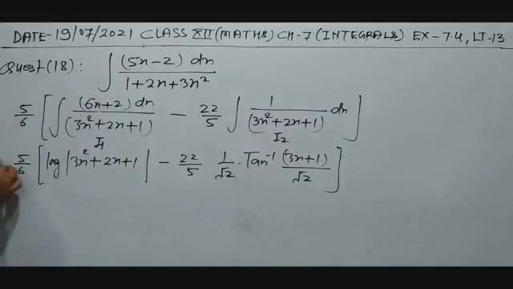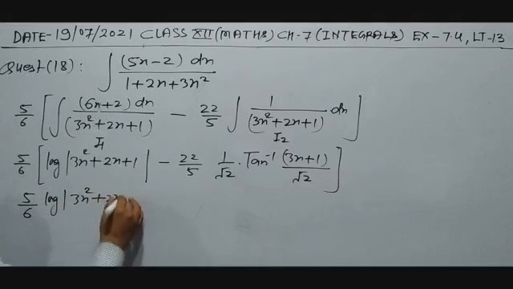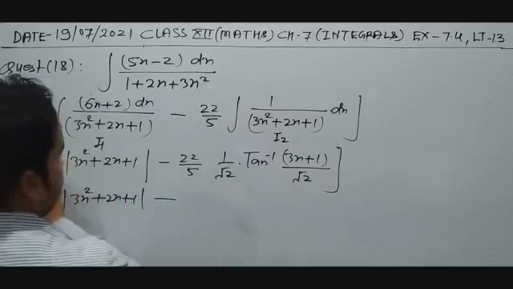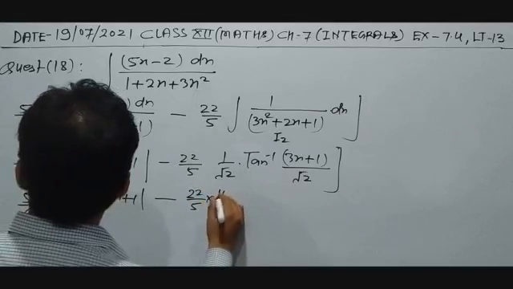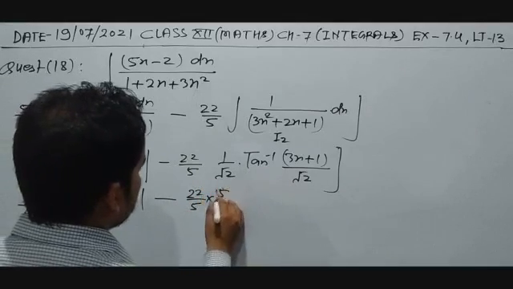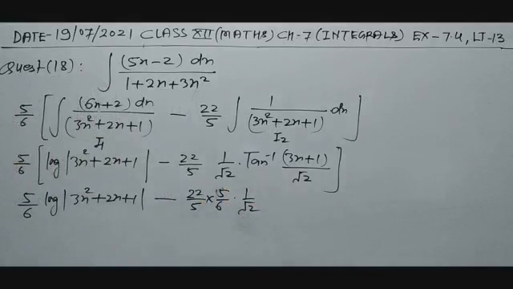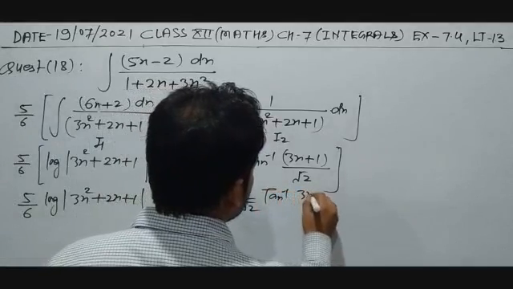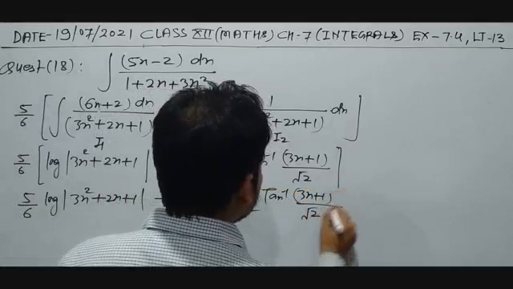The result will be 5/6 log of mod of 3x² + 2x + 1 minus 5/6 multiplied by 22/5 multiplied by 1 by root 2, with the tan inverse of (3x + 1) by root 2.